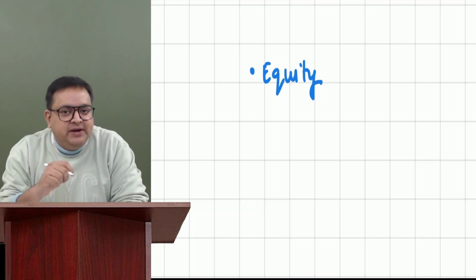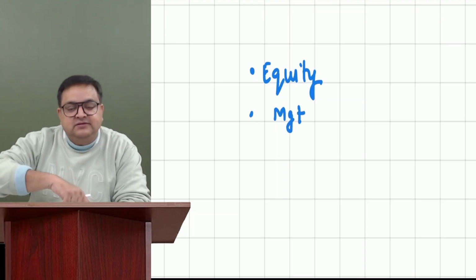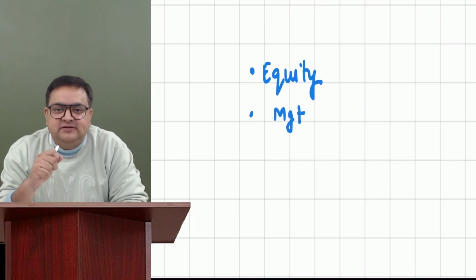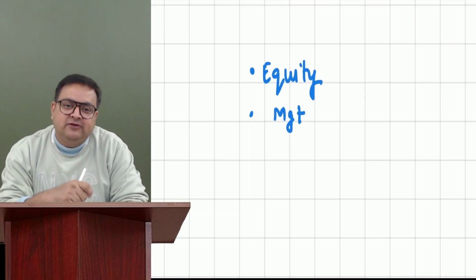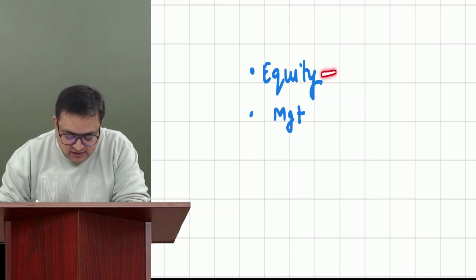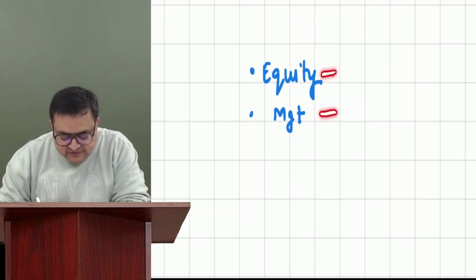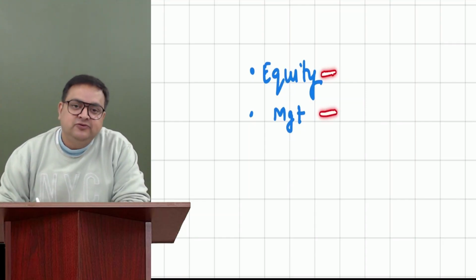This is one parameter. Second, if one enterprise controls the management of another enterprise, then they also become associated with each other. So either you control the equity or you control the management of that enterprise, then you become associated.